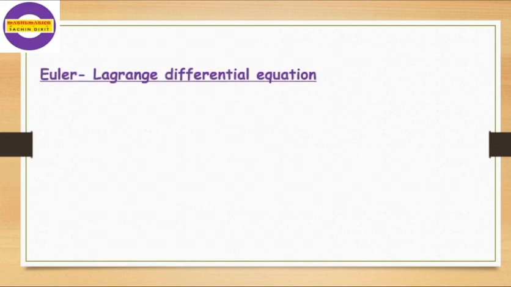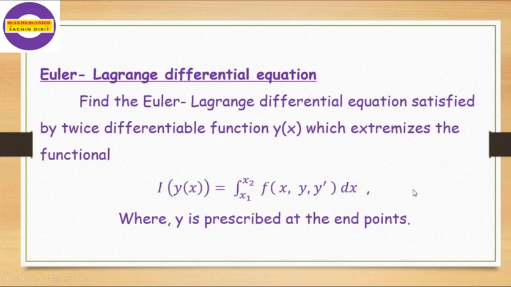Next, Euler-Lagrange's differential equation: find the Euler-Lagrange's differential equation satisfied by a twice differentiable function y of x, which extremizes the functional I of y of x equal to the integral from x1 to x2 of f(x, y, y dash) dx, where y is prescribed at the end points.